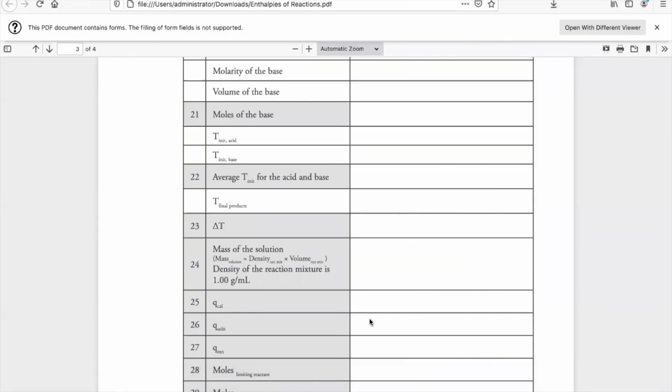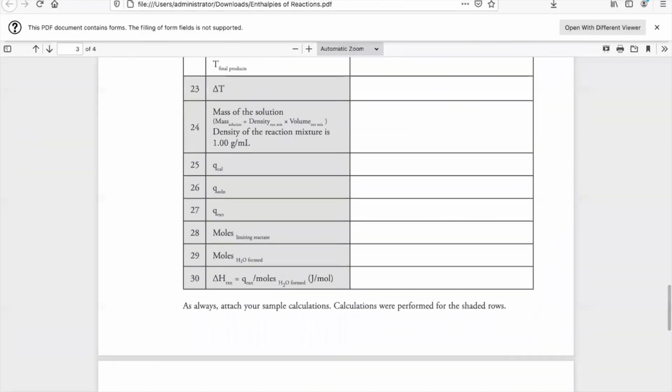You'll have to find from the balanced equation the number of moles of each reagent. You can use either one of the products, sodium chloride or H2O, whichever way you want to use as your reference to determine the number of moles.